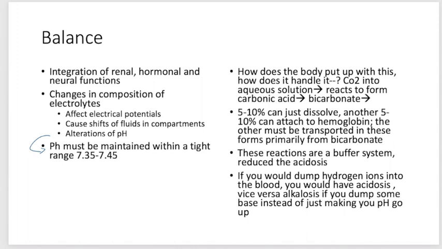So remember, when we're talking about pH, it is a logarithmic measure of hydrogen ions in solution, and pH represents the acidity or alkalinity of the solution. One pH unit change, for example 7.0 to 6.0, is actually tenfold, and that's why even little disturbances in the pH balance are so detrimental to the body.